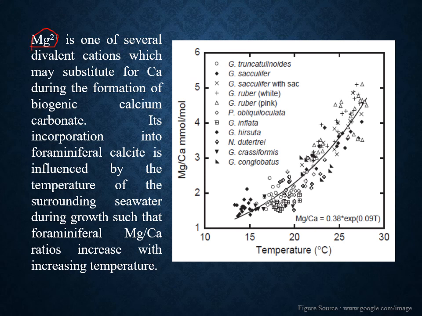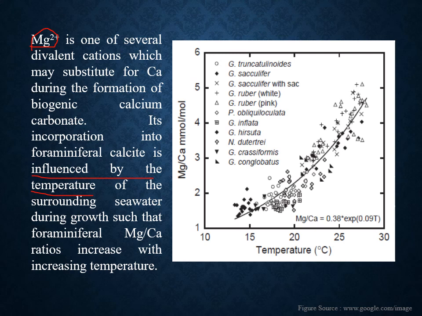Now, the incorporation of magnesium into marine organisms' calcite is also influenced by the temperature surrounding that shell, that is the seawater temperature. It was found by studying different foraminiferal tests that this magnesium substitution is enhanced with increasing temperature.